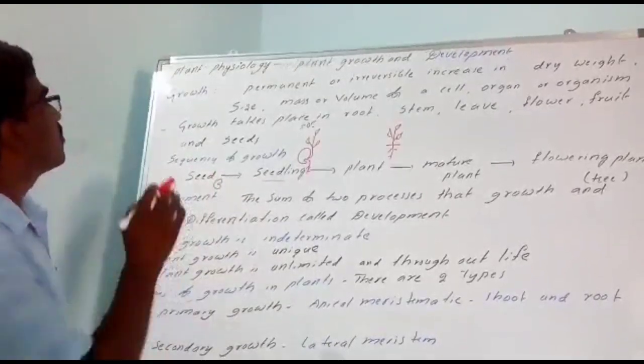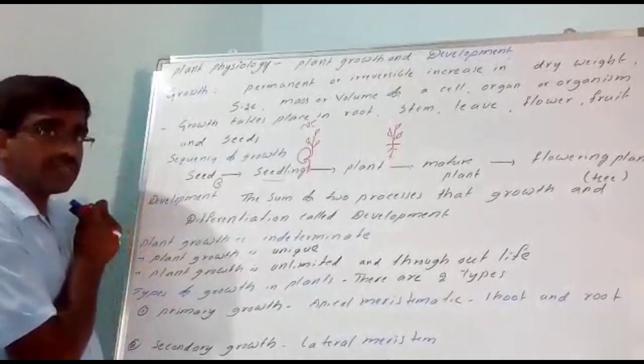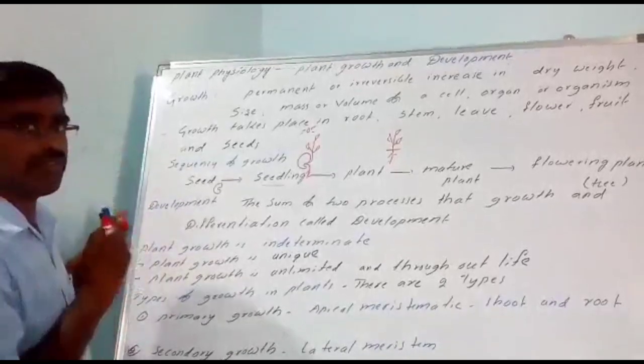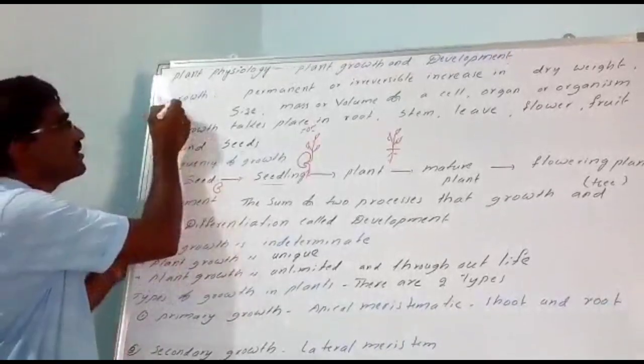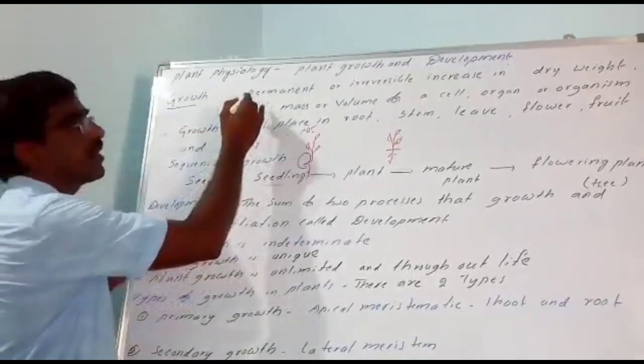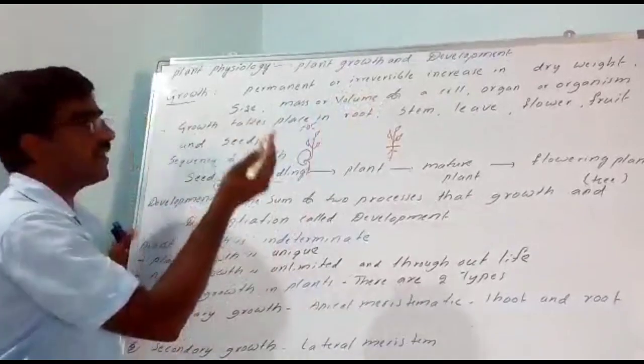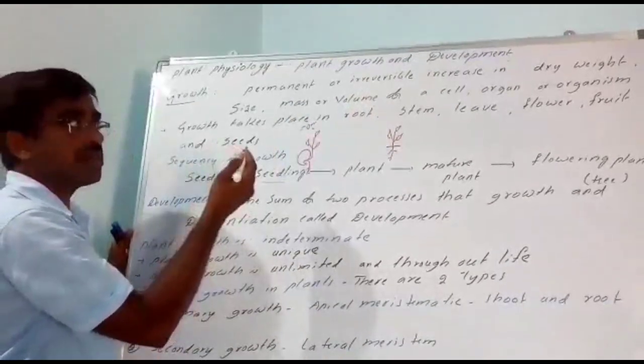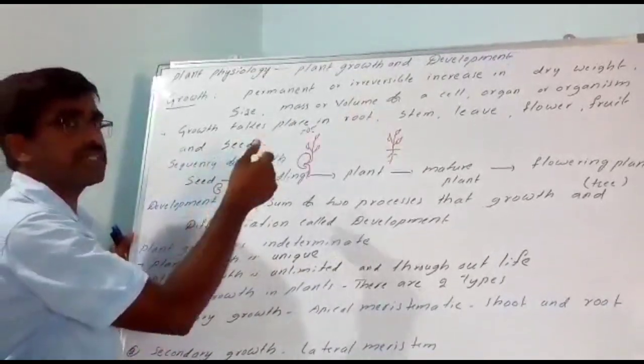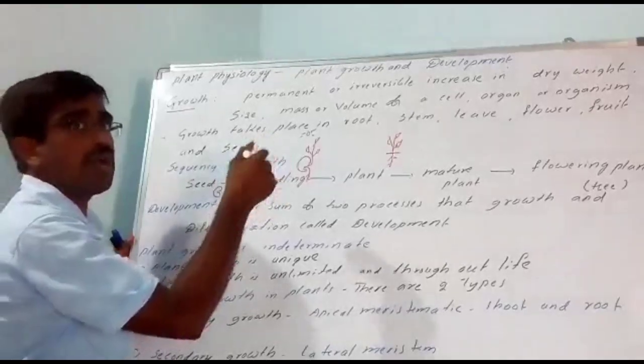Now, first we can start with the growth definition. Growth is defined as a permanent or irreversible increase in dry weight, size, mass or value of a cell, organ or organ system.